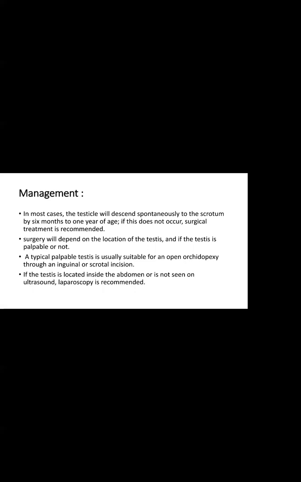If it is in the inguinal region, then we can do open orchidopexy, with a scrotal incision or inguinal approach, and just pull it down and fix it in its normal position inside the scrotum. And if it is impalpable and located inside the abdomen, then we go to laparoscopic surgery and do it via laparoscopy. That is about the undescended testis.